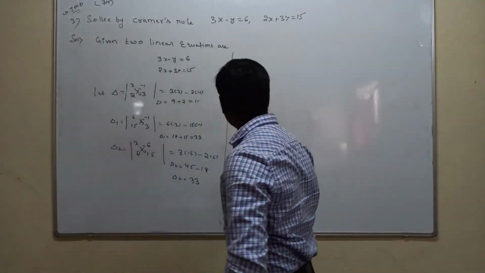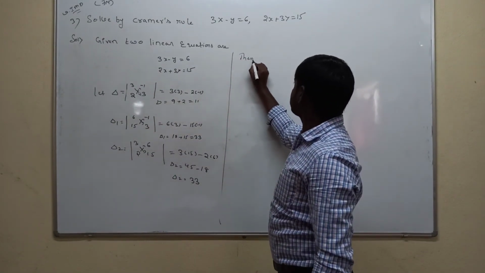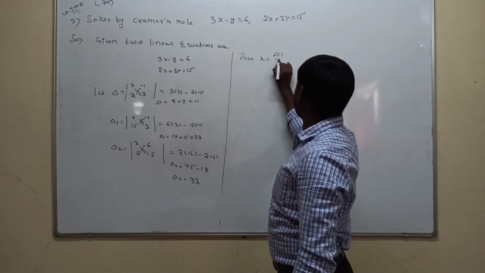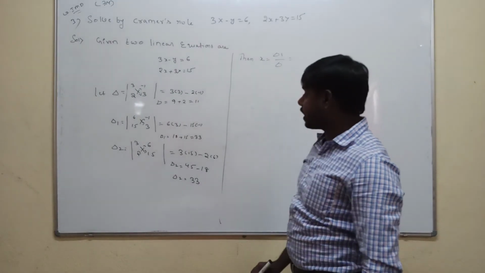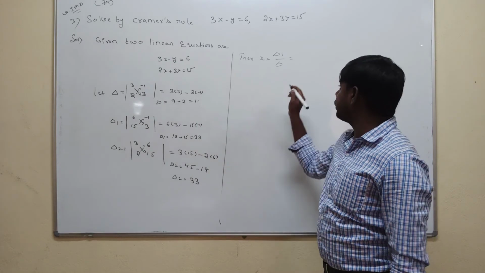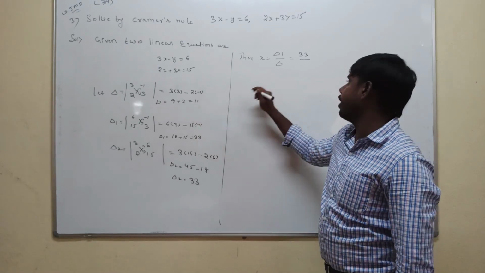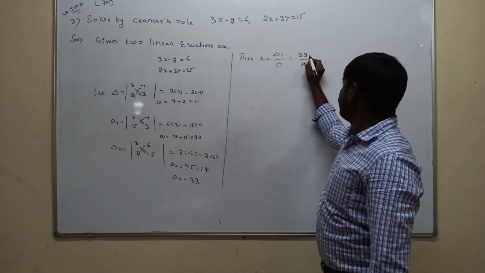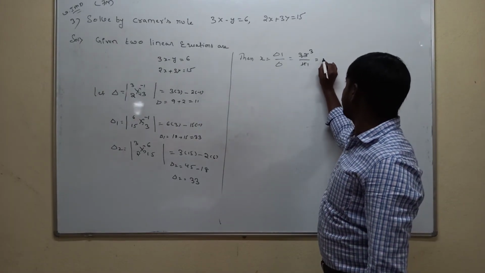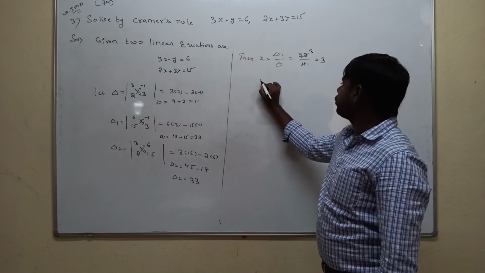So what is the condition? What is the x condition? Delta 1 by delta is equal to, what is the delta 1 value here? 33, divided by the delta value, 11. Now cancellation: 11 ones are 11, 11 threes are 33. What is the x value we are getting? 3. Next, calculate the y value.